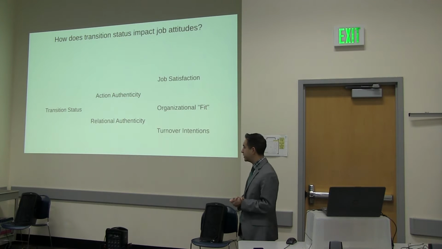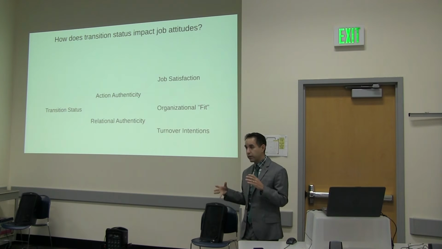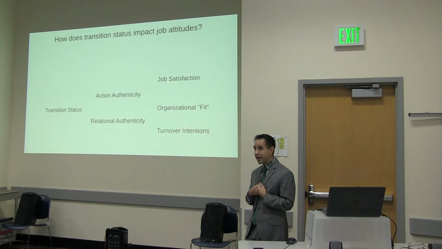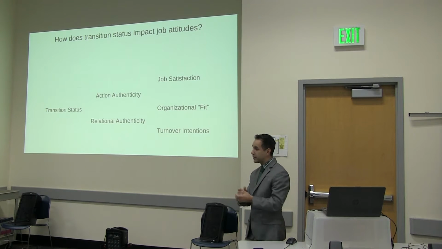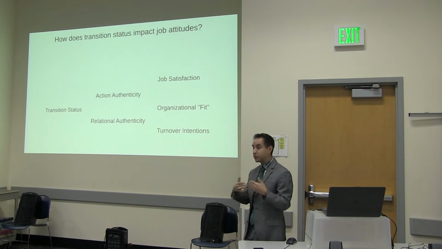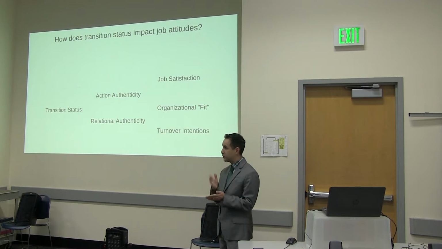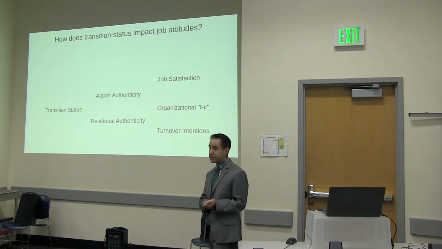So we thought that by transitioning, people might be reducing the cognitive dissonance that they might be feeling. So the idea is that I feel a certain gender inside, but I've been expressing myself as a different gender, so if I transition and align my gender expression with my gender identity, that reduces cognitive dissonance, and that might be the reason why we see these positive attitudes as a function of transition status.